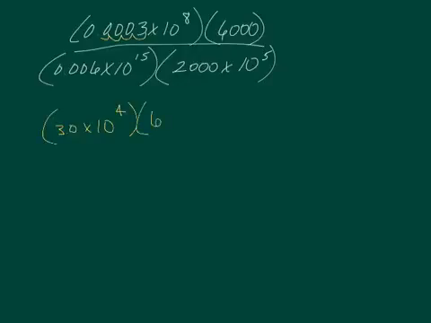Now let's look at the next one. We're going to move the decimal 1, 2, 3 over to the left, and whenever you move it to the left, you add 3. So to the right you subtract, to the left you add.